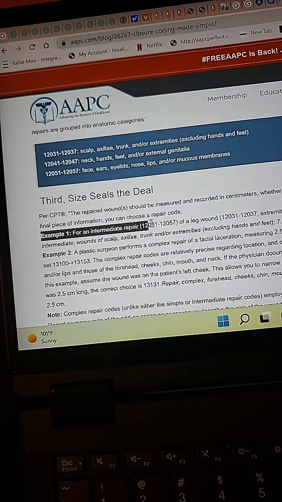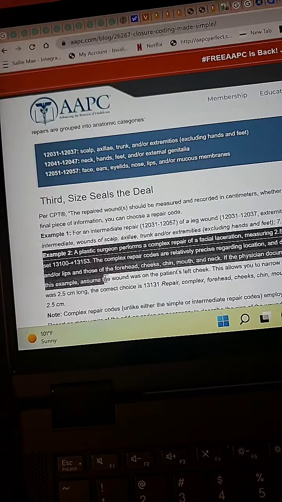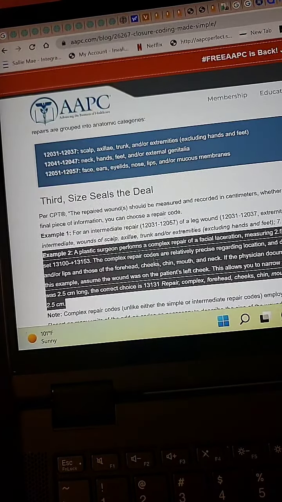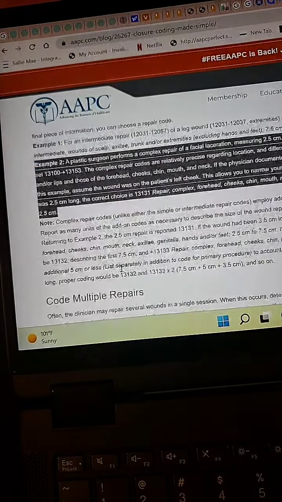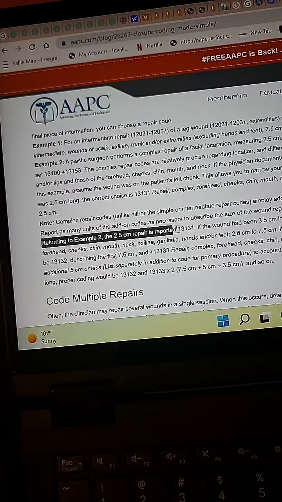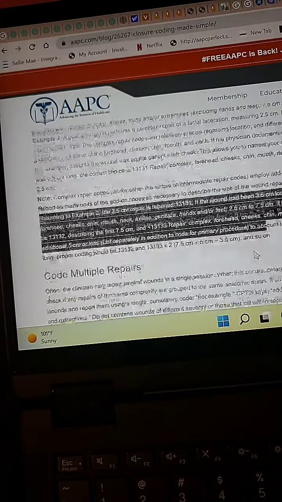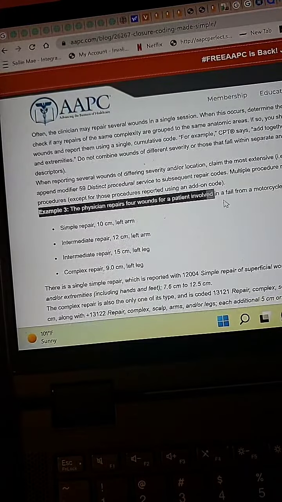For example, let's do an intermediate with this and this. Here's example number 2. I've seen some of these examples become practice exam questions or real-life certification examples. Returning to example 2, they'll tell you what the answers are. Write these examples in your book. Here's the 3rd example.